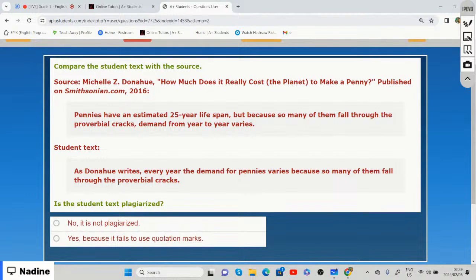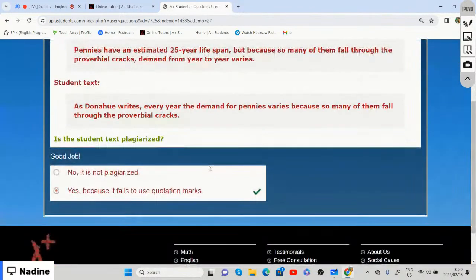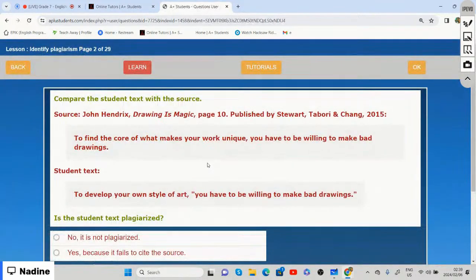So if we look at this specific example, we say it's plagiarized or not plagiarized. All right. And it is plagiarized.